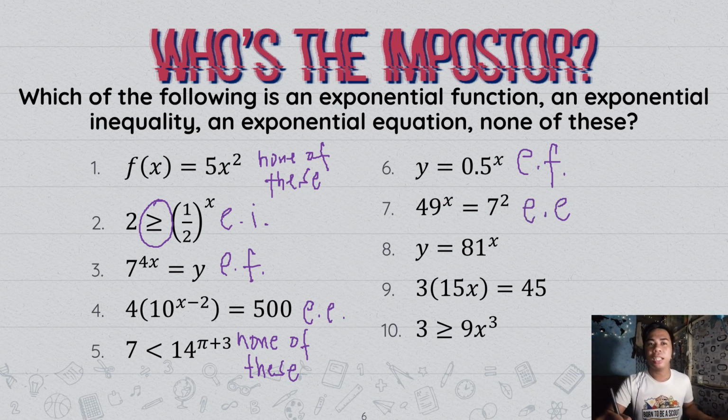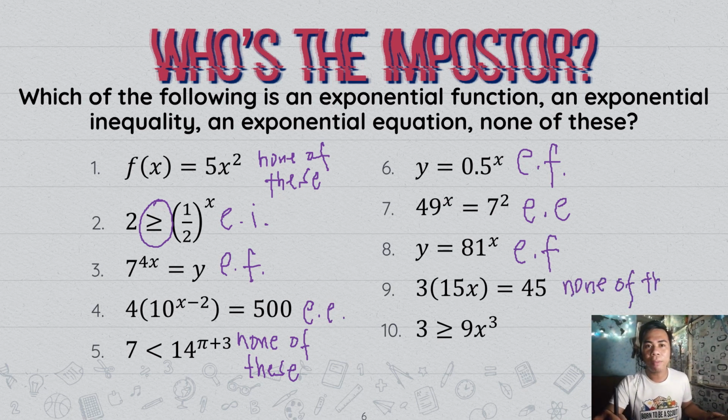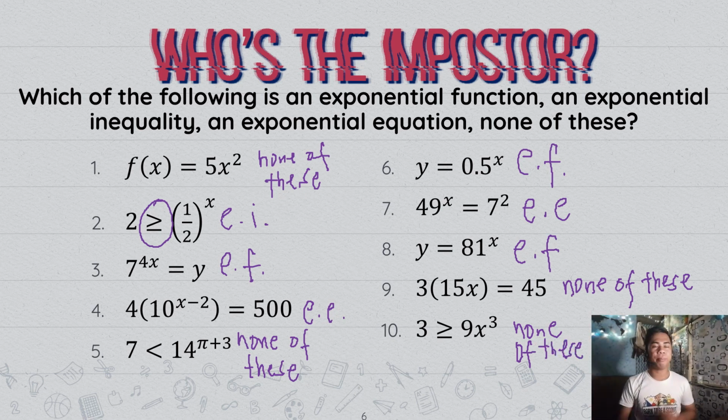Number 8, it's an exponential function, just like number 6. Number 9 is none of these. Am I right? Yes, there's no exponent there. And number 10, it's none of these also, because there is no variable in our exponent.